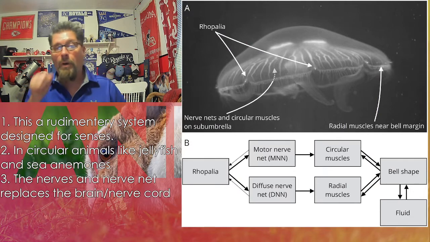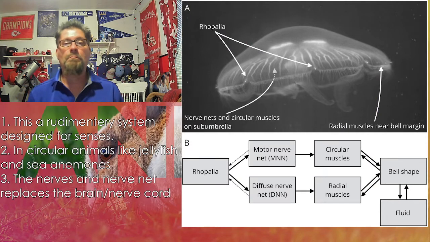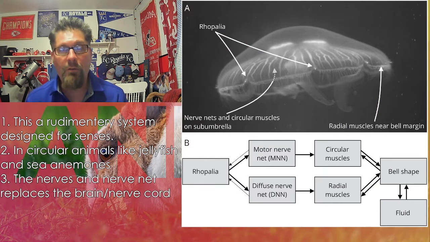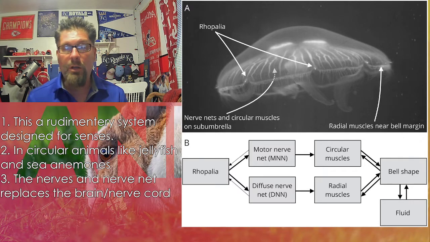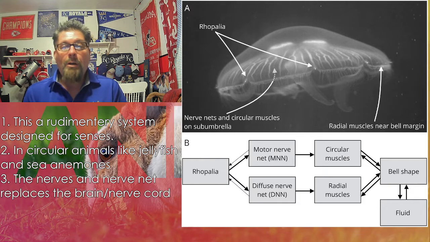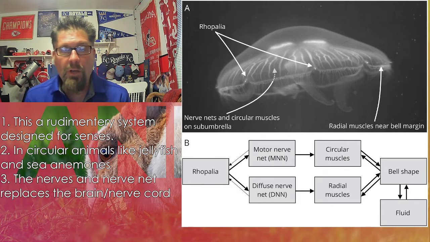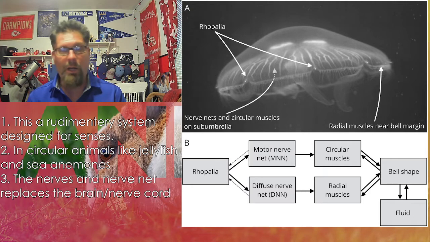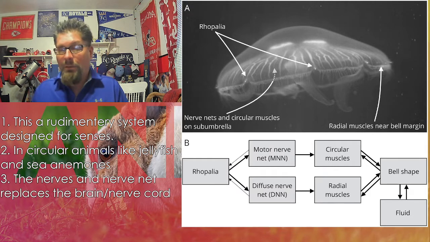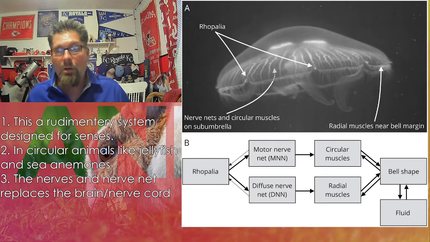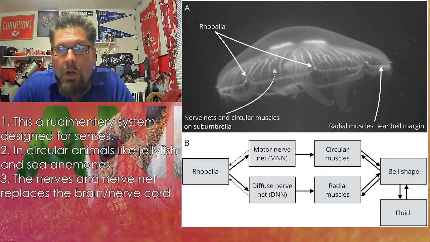Now we covered central nervous system, peripheral nervous system, and all those processes that our bodies go through. But what about an organism? You know, we mentioned jellyfish not having an exoskeleton, not having an endoskeleton. They've got something different. Well, the same thing is here for jellyfish, and sea anemones would be another one.